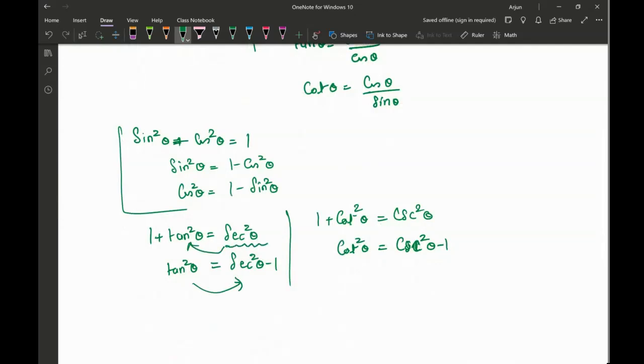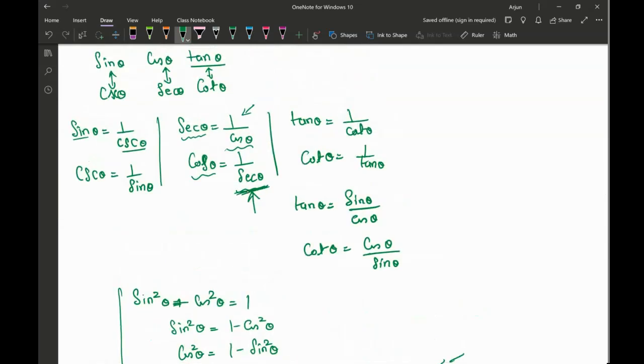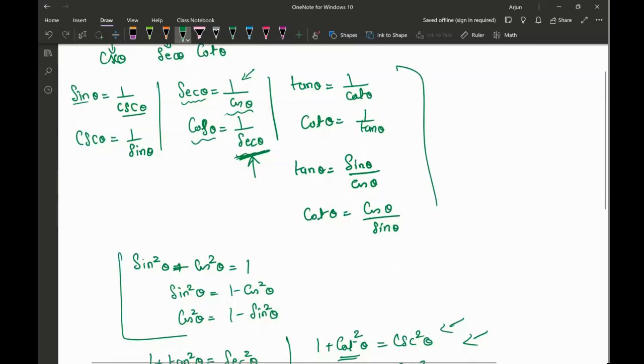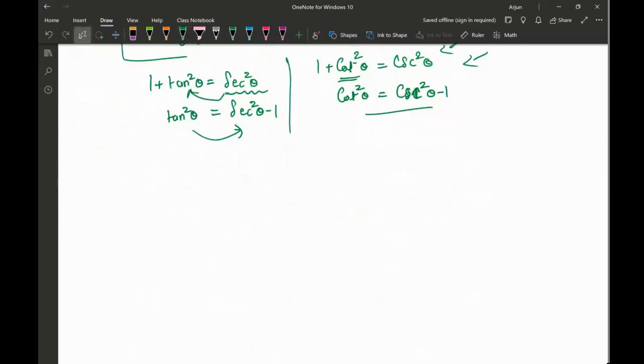So try and find the correlation with respect to the square term. Please make sure you take a clue from here. When the square is given, you try and use the square identities. When it is given just in the secant form or cosecant form, you try to use these identities at that time.